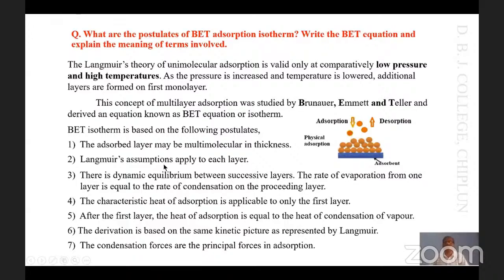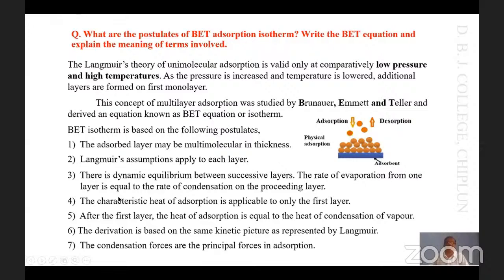The next assumption is that there is a dynamic equilibrium between the successive layers. The rate of evaporation from one layer is equal to the rate of condensation on the preceding layer.